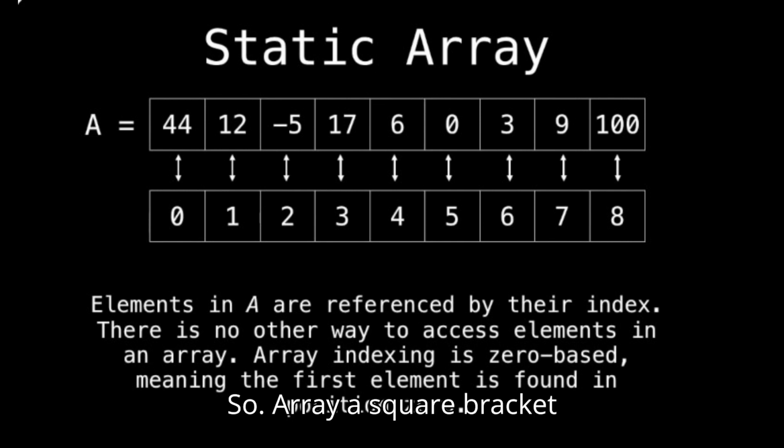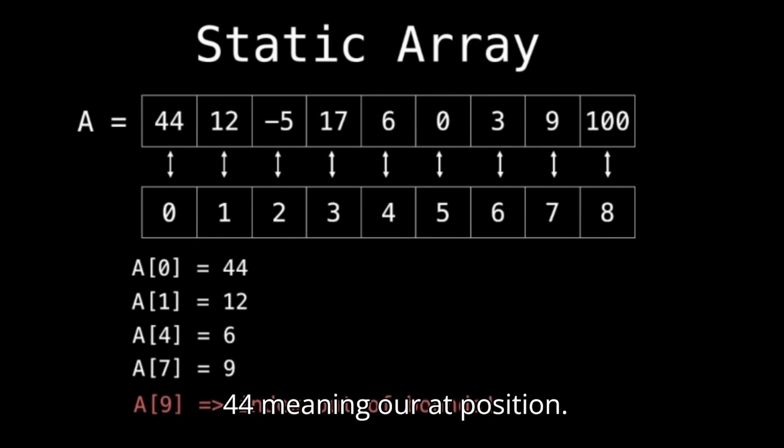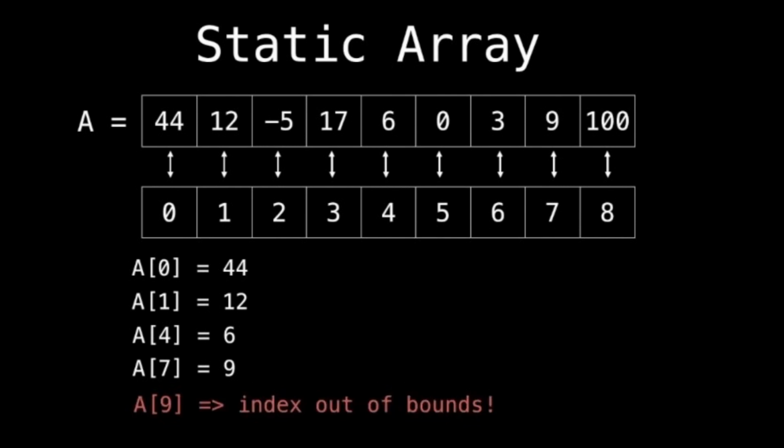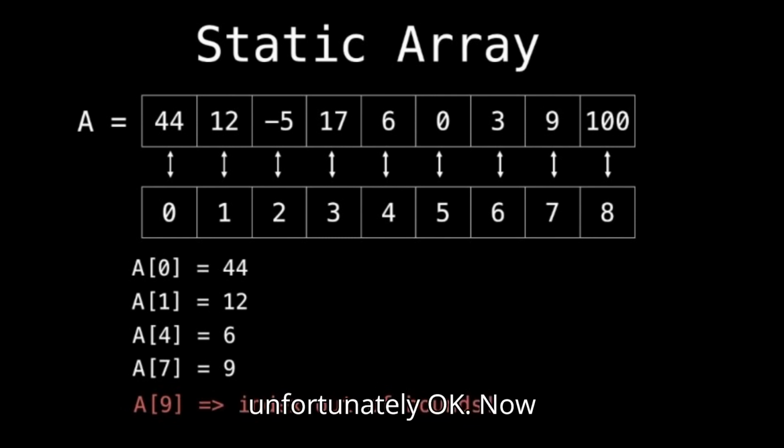So, array A square bracket 0, close square bracket is equal to 44, meaning A at position 0 is equal to the value 44. Similarly, A position 1 is 12, A 4, 6 and 7 is 9. But A index 9 is out of bounds, and our program will throw an exception. Unless you're in C, it doesn't always throw an exception, unfortunately.